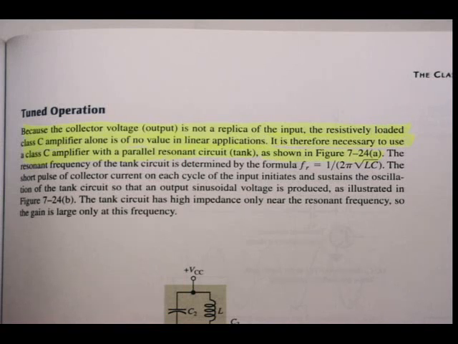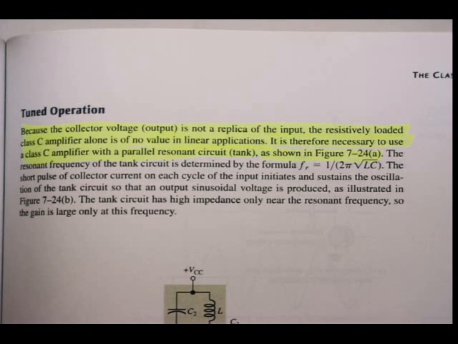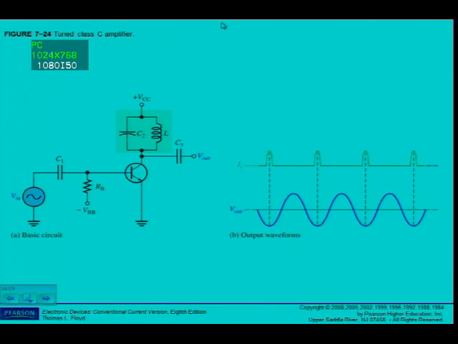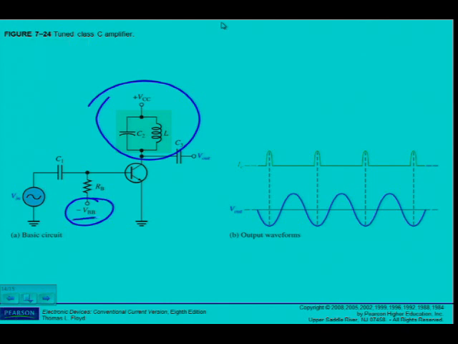It is therefore necessary to use a class C amplifier with a parallel resonant circuit, also called a tank, as shown in figure 7-24. Here in the circuit I can see there is my tank circuit, but again my negative biasing for the specific amplifier, so that's where it's used.